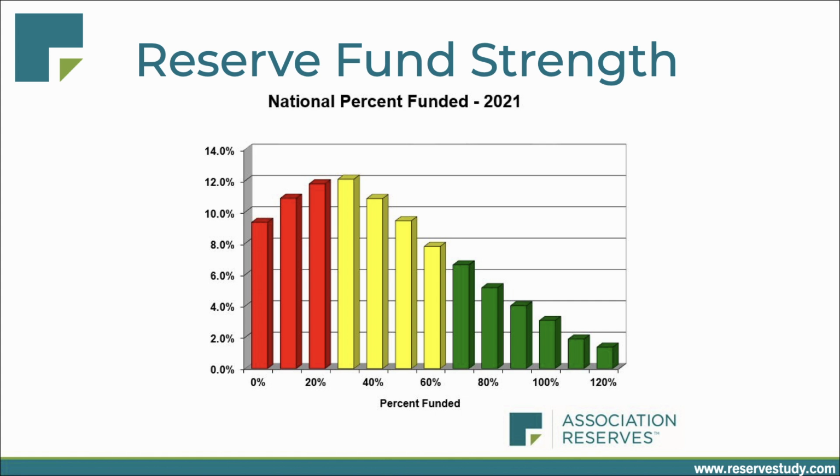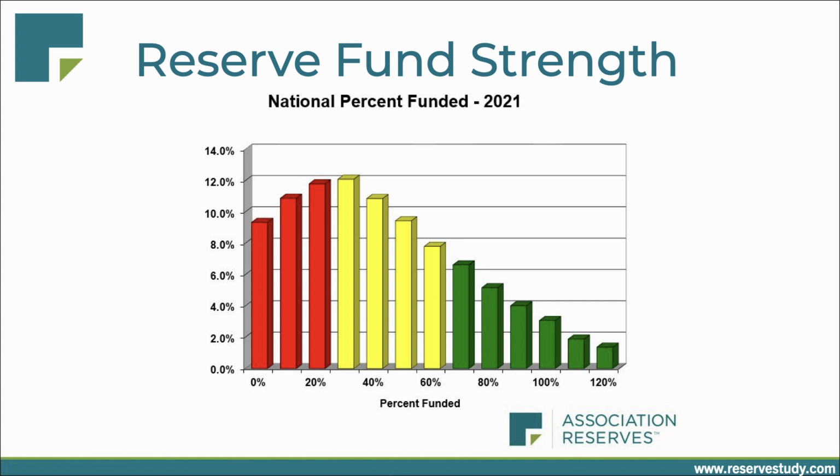Many people are surprised to see how many associations are in the fair or strong range. You can see that out of all associations, the peak of the curve is bending over in the fair and strong range. There's a lot of associations that are doing arguably pretty well.